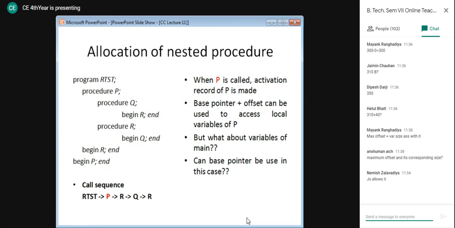Namish says JS allows it. You mean JavaScript is allowing this access to the main variables? Yes. Okay, so it does allow, but how to do it? That is the question. From P, you can access variables of main, but can you use the same base pointer?